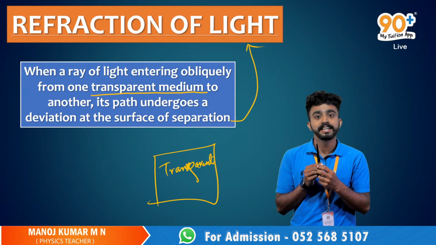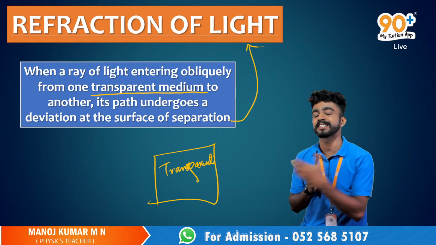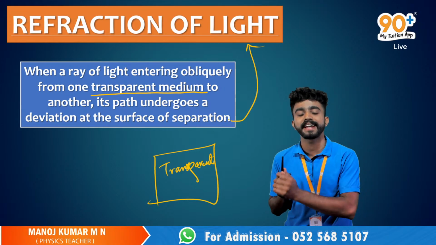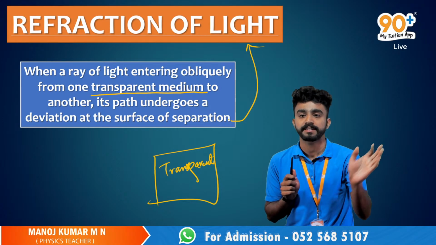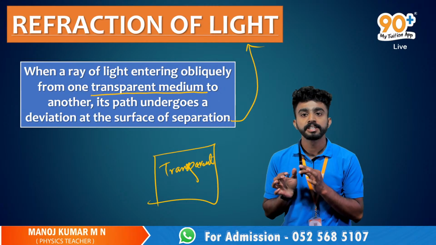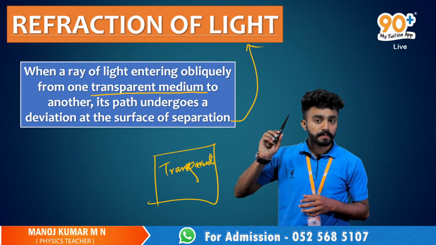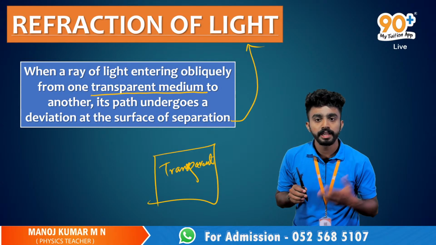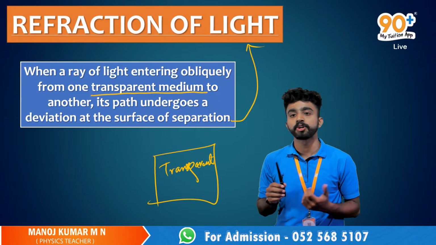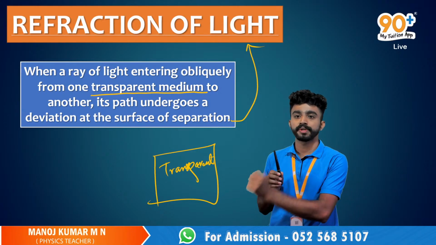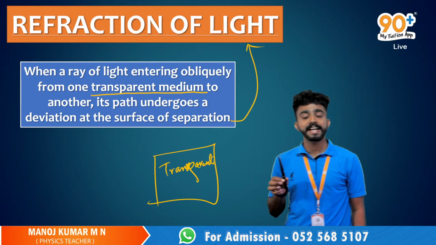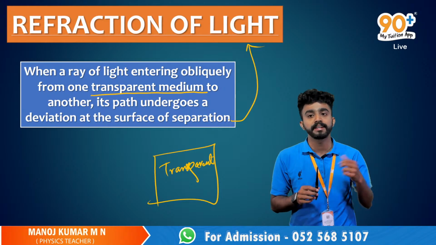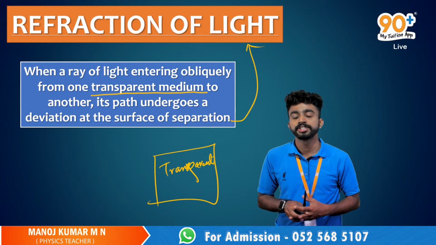Reflection won't be there. Light rays will pass directly through it. In the case of reflection, light rays incident on a surface reflect away or back, so it should be a reflecting surface. In a translucent medium, the light will partially pass through it and will not undergo reflection. So in the case of refraction, both reflection and refraction won't happen. It will be just refraction. Clear, Jerin?